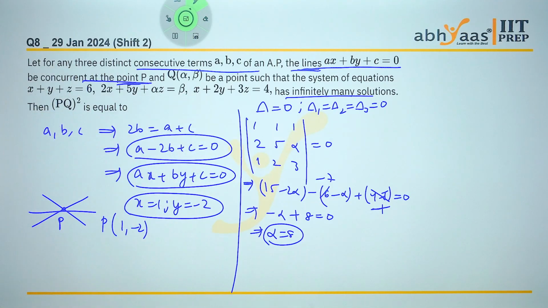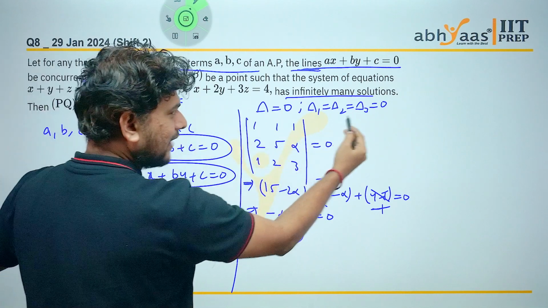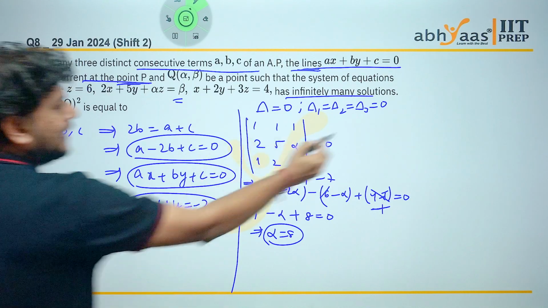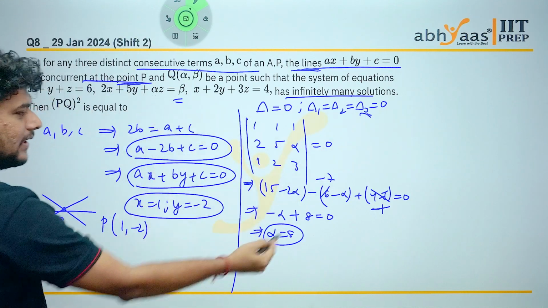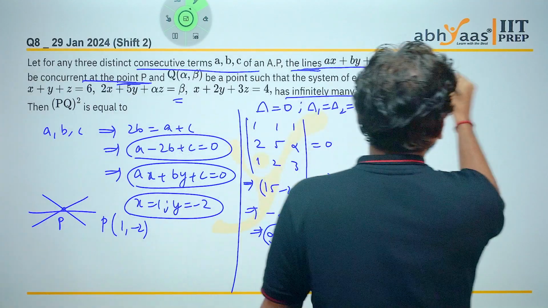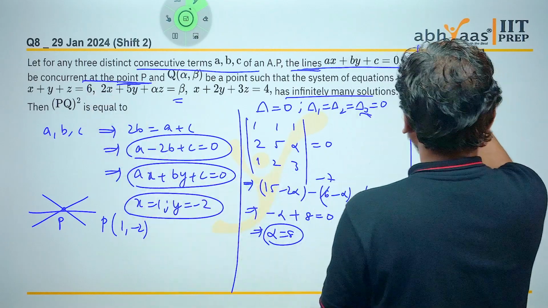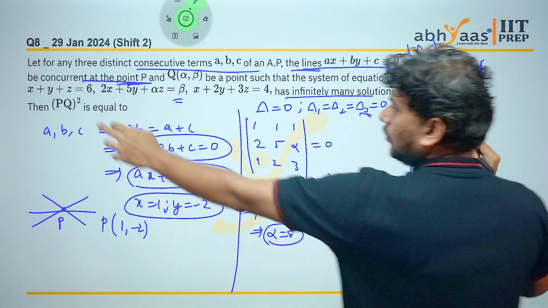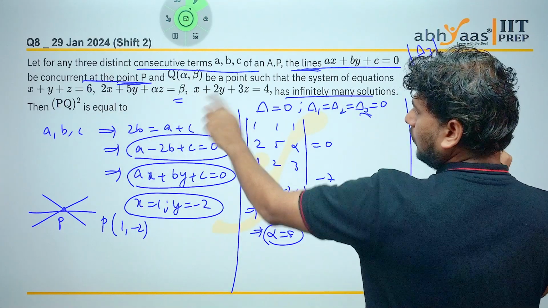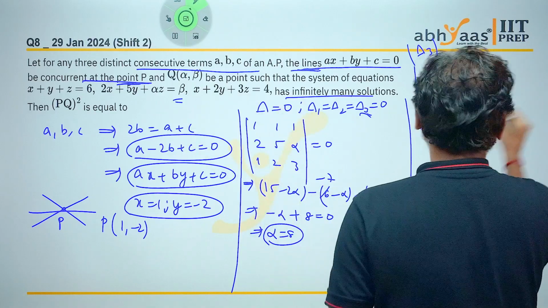Now to find the beta value, we have to find either delta 1, delta 2, or delta 3. I'm taking delta 3 because alpha is there, but we got the alpha value. So this is delta 3, guys: 1 1 6, 2 5 beta, 1 2 4. This should be 0, right?